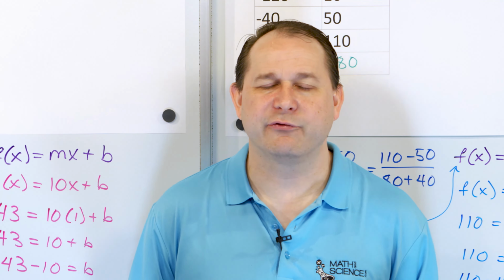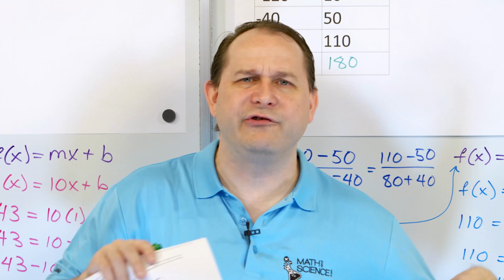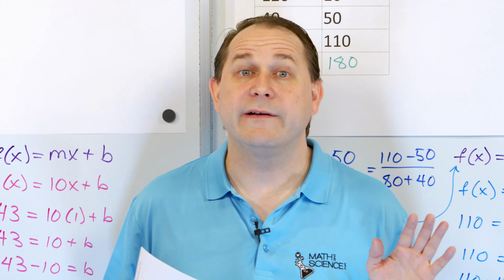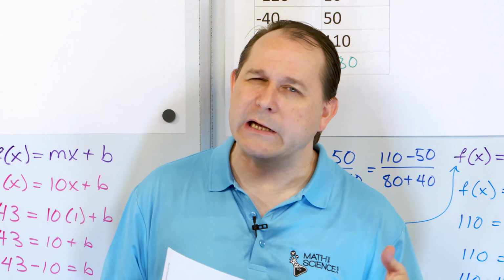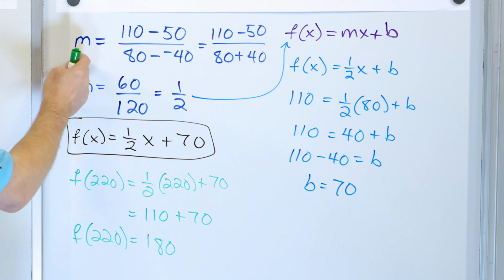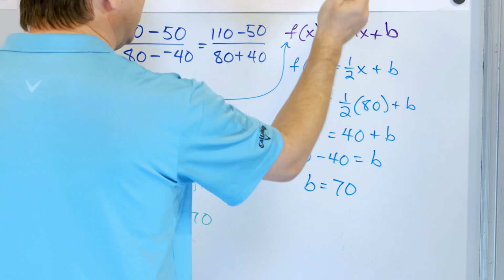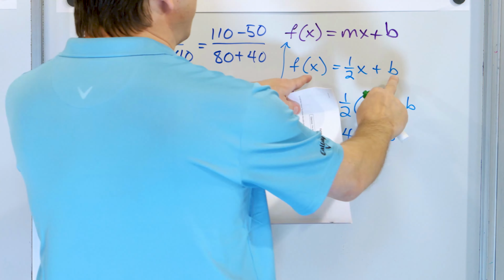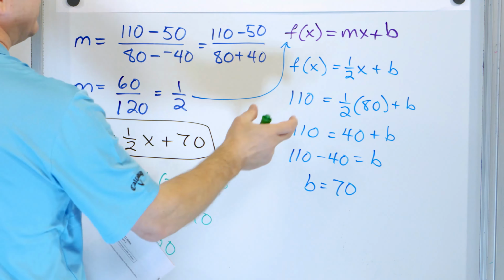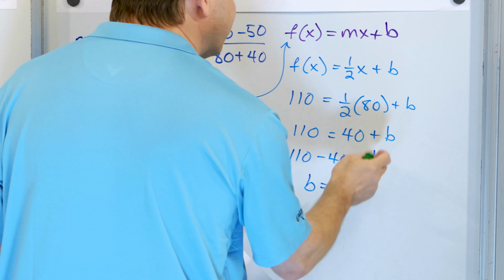A lot of times teachers will teach students these little shortcuts. Hey, do this, solve that. Just use this equation. Don't worry about what you're doing. Notice I'm not doing any of that. I'm not blindly telling you to calculate something. All I'm saying is, okay, we know we can find the slope, find it, great. We know it has to be a linear function, so stick the slope in there, great. Now that we have this, we know that any of these points have to satisfy this, so we stick them in there, and then we use algebra to figure out b.